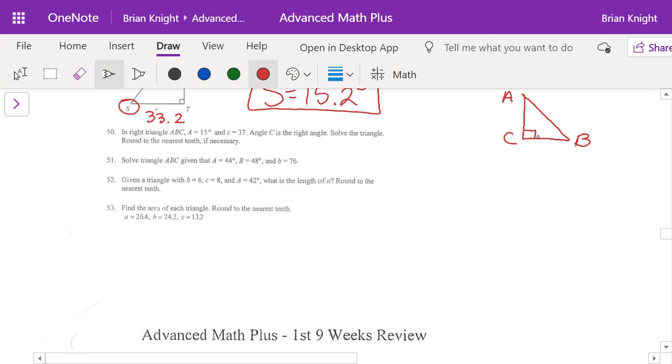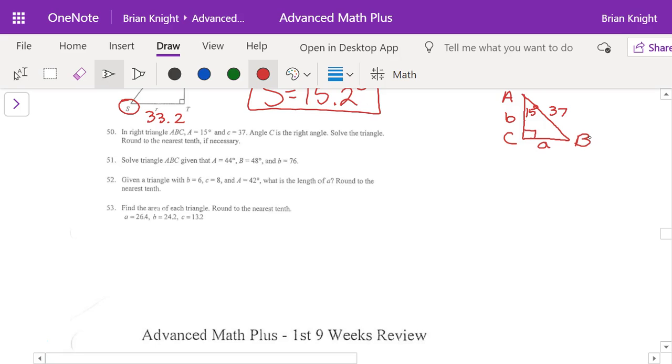It says angle A is 15 degrees, little c is 37, that would be the hypotenuse, and we have to solve the triangle, rounding to the nearest tenth. This was the question that lots of us missed yesterday, and it was the same type of question we had on the mid-test. We need to find side A, side B, and angle B.